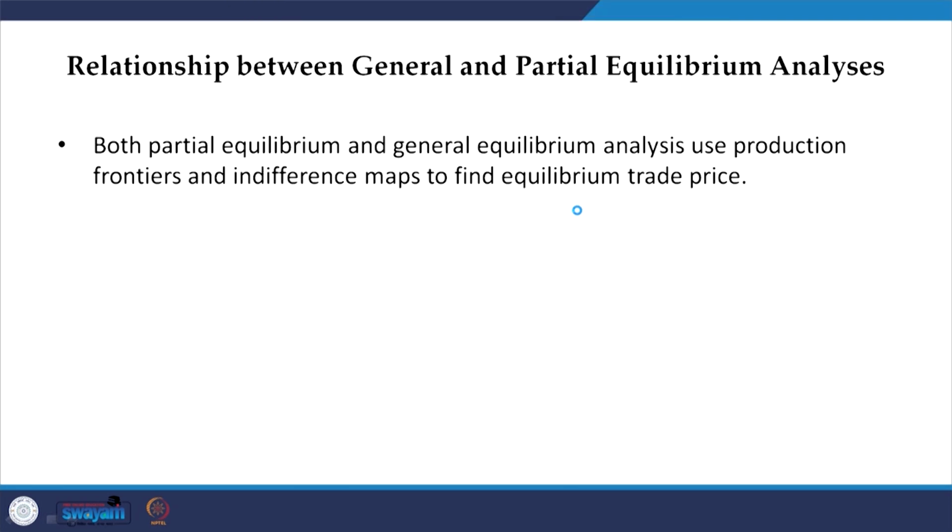We already discussed. So, both partial equilibrium and general equilibrium analysis use production frontiers and indifference maps to define the world equilibrium price. Only general equilibrium analysis considers all markets together, whereas the other one does not.